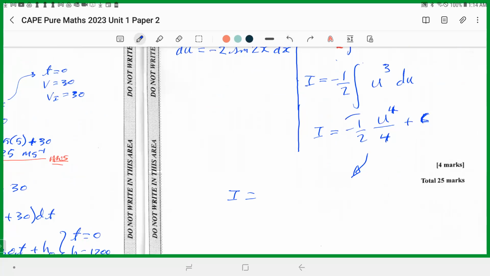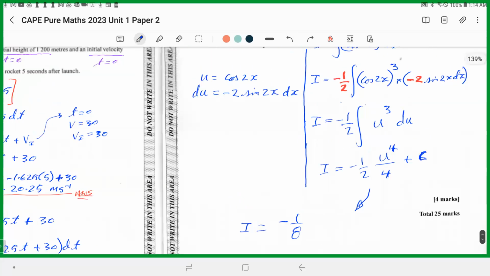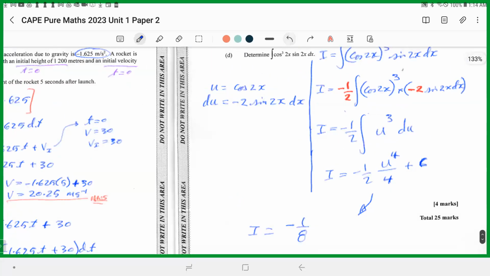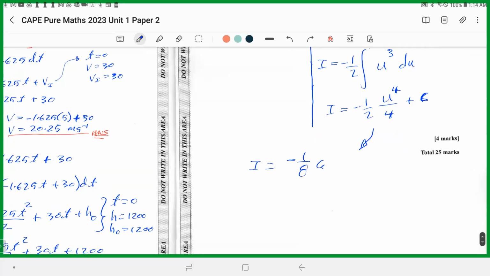So I'm going to get minus 1/8 cos to the 4th power of 2x plus c. That's what it becomes. That's my answer. And that is that.